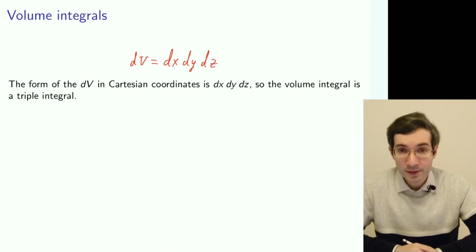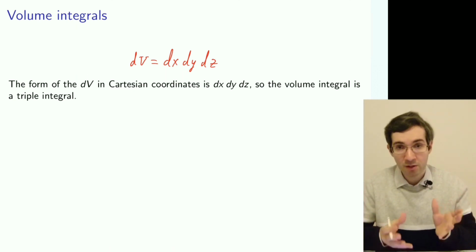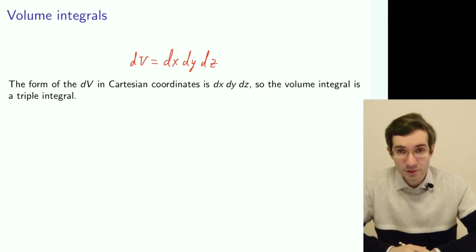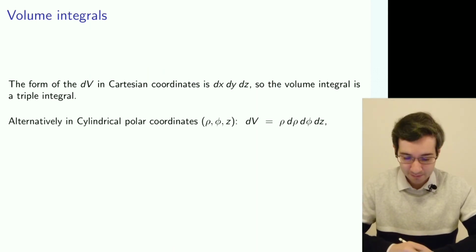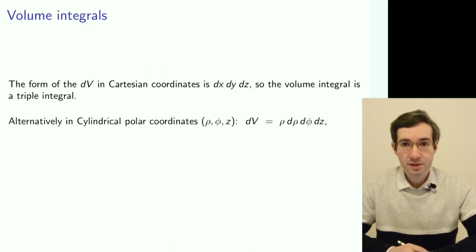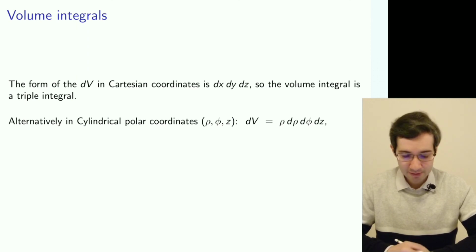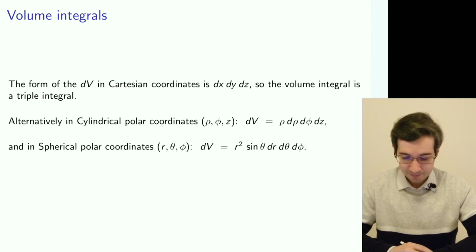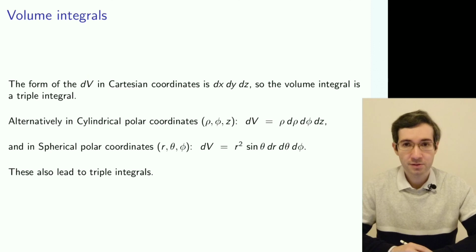But now we can consider much more general cases where our domains, our volumes, are not like boxes, but can be anything. And in these cases, it's convenient to choose curvilinear coordinates such as cylindrical polar coordinates or spherical polar coordinates to describe these little elements of the volume.